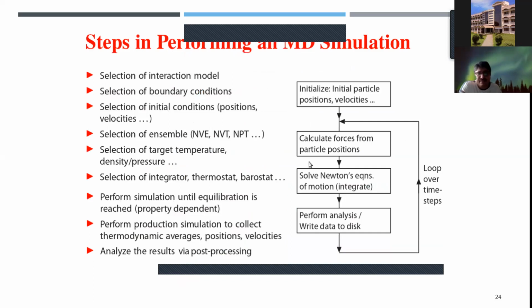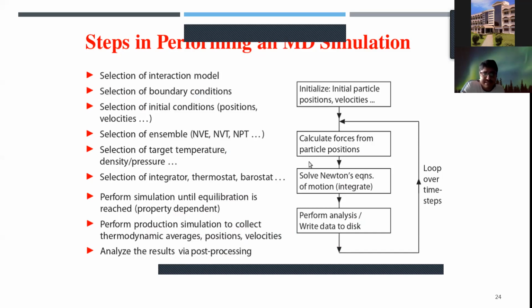If we summarize this MD simulation, we need to select the interaction model, then the boundary condition, then set initial conditions in terms of PDB, so positions and velocities we will get.